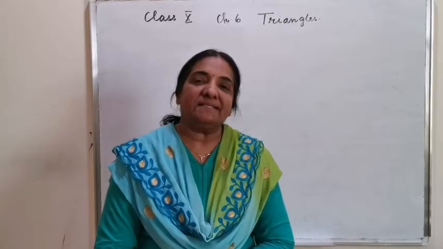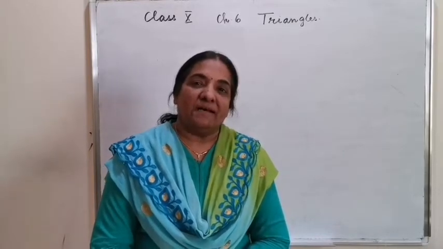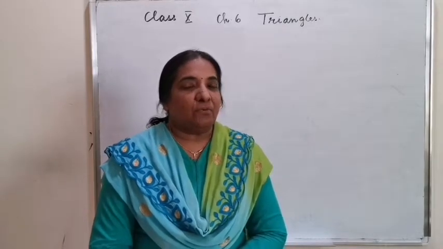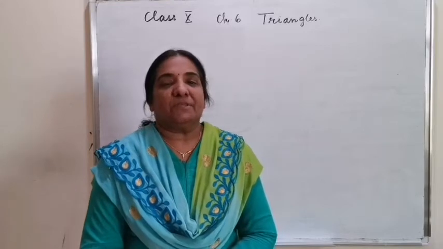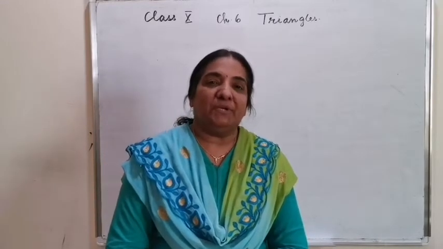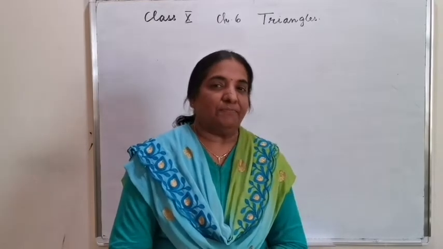You are applying this theorem from class 6 or 7 onwards, but what is the proof of this theorem using similarity? That is what we are going to do in today's class.